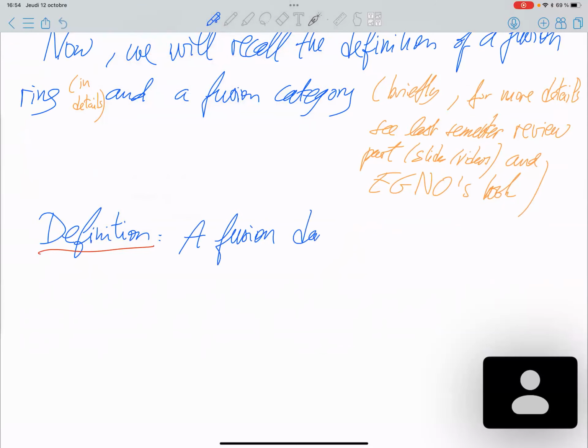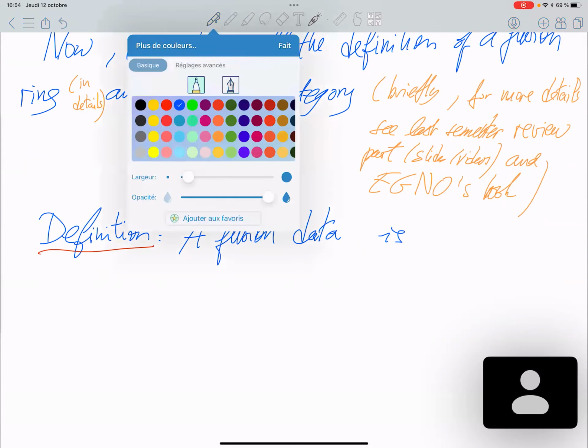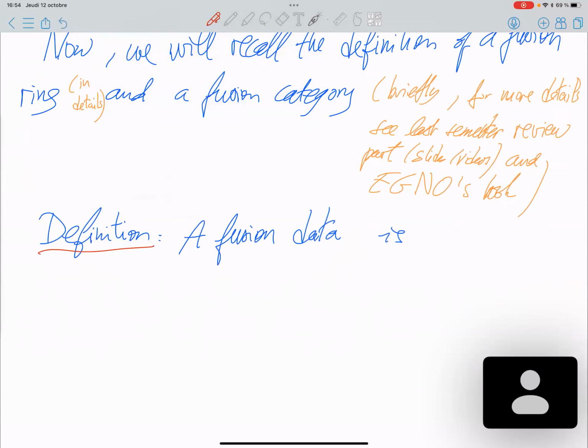A fusion data is, and for today I just want to write the following: a slight generalization of the notion of finite group.